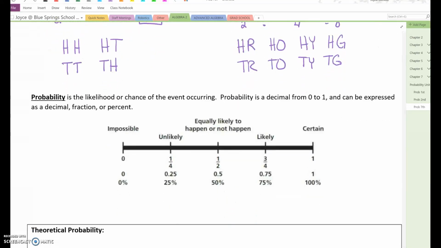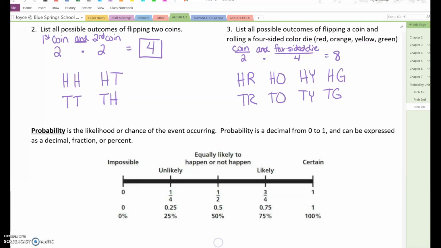Probability is the likelihood or the chance of something occurring. It is a number between 0 and 1. If I ask you, what is the probability of flipping heads on 1 coin? What would you tell me? 50%, right? 50% or 0.5 or 1 out of 2. Those numbers all mean the same thing.